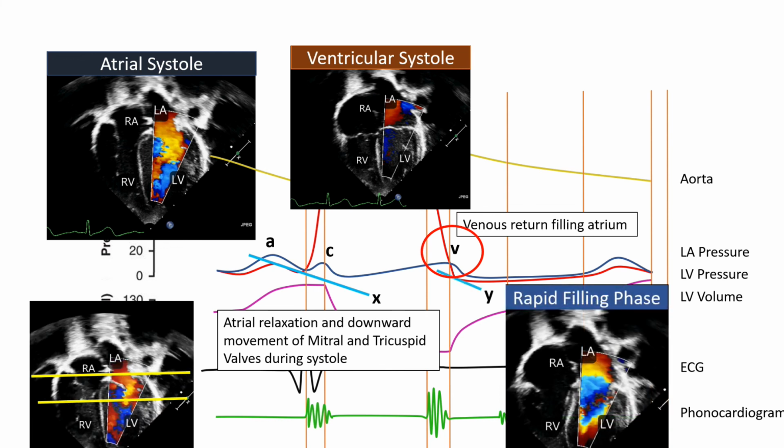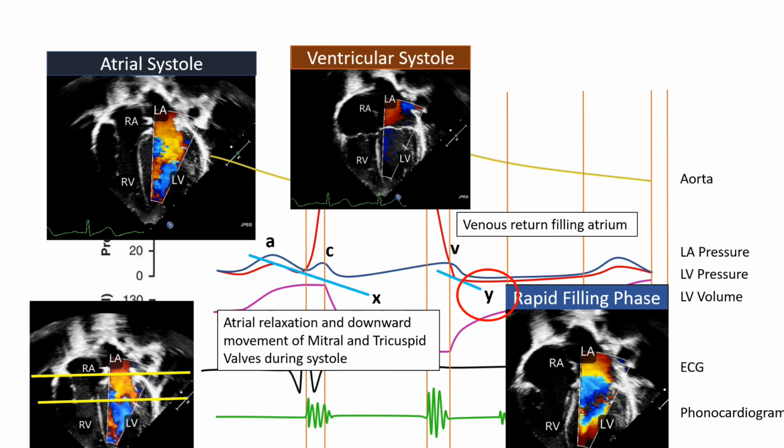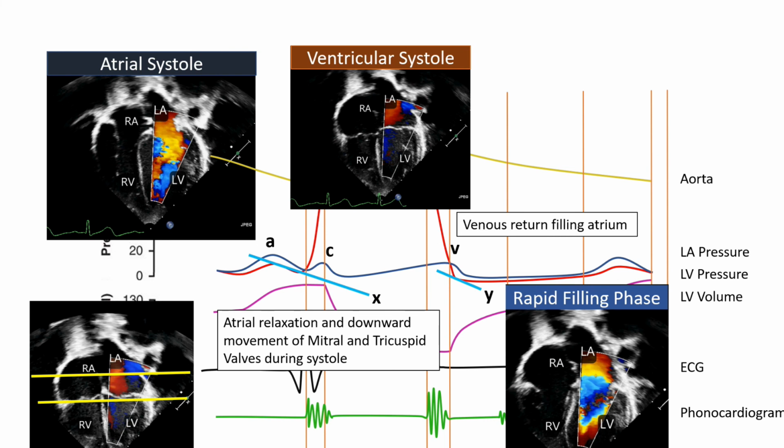At this point, the mitral valve opens and there is rapid flow of blood from atria to ventricle, reducing the pressure in the atria. This is indicated by the Y descent in the atrial pressure tracing. So this is how we get the A, C and V waves and X and Y descents in the atrial pressure tracing.